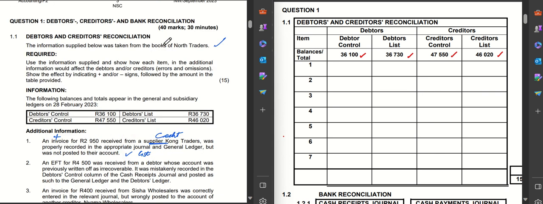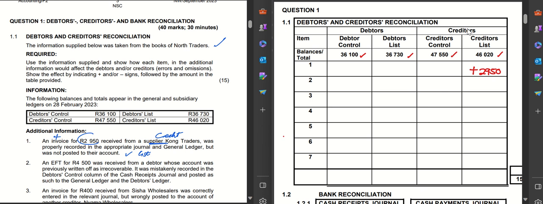My invoice, I know it is going to increase. So I'm going to say plus the invoice amount, which is 2950. All right, let's move on to the next one.